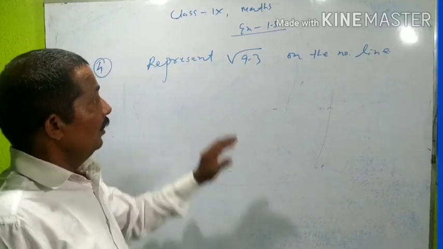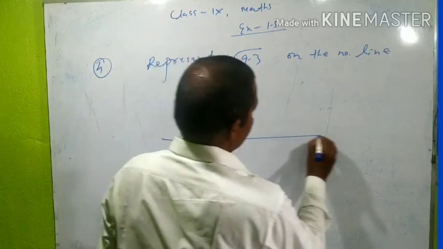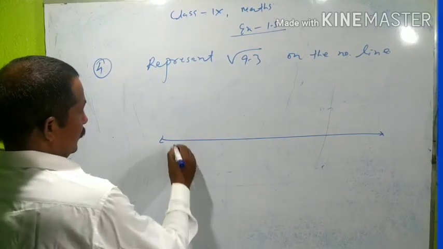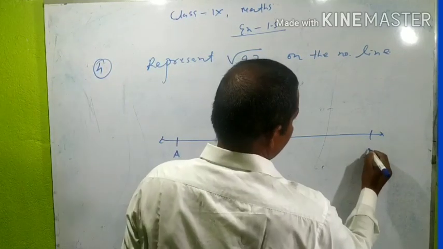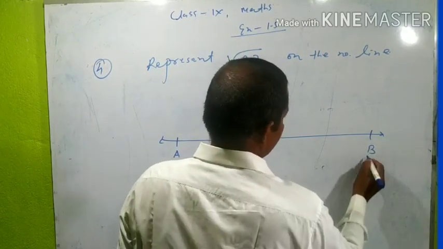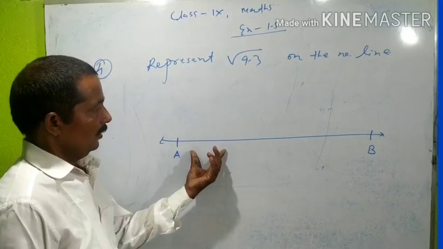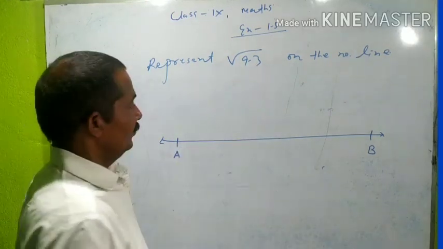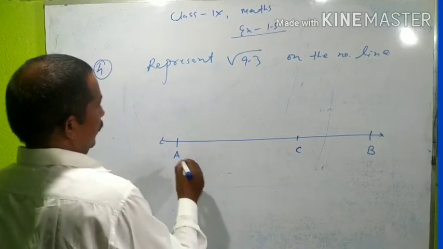First of all, you will draw a line. And suppose you will take here A and B. Now you will cut one part of this line equal to 9.3. Suppose it is C now.